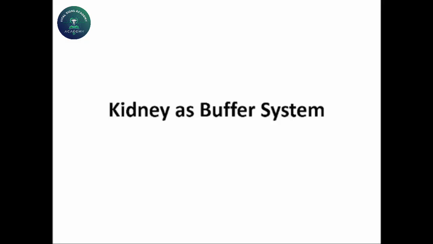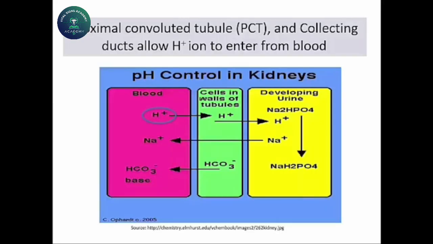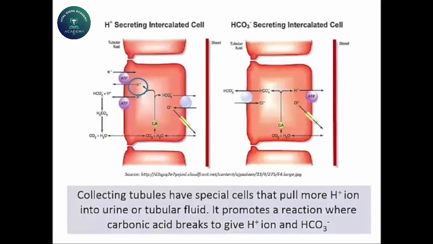Let us now see how the kidney acts as a buffer system. The kidney helps to maintain the acid-base balance as the PCT, or proximal convoluted tubules, and collecting ducts allow hydrogen ions to enter from the blood. Collecting tubules have special cells that further help to pull more hydrogen ions into the tubular secretion or urine.